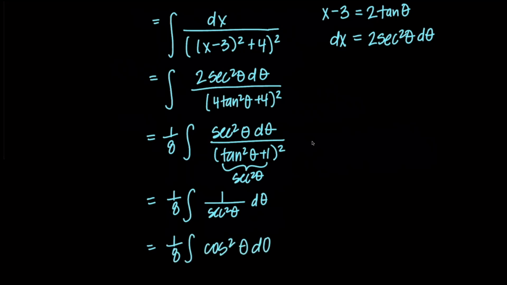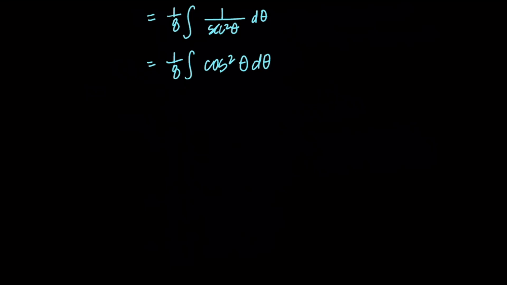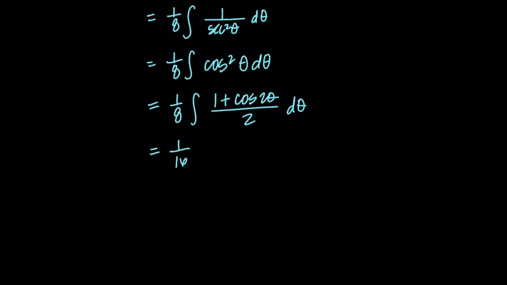All right, so from here, you got it, right? We're going to use a power reducing identity. We love trig, right? So we have 1/8 the integral of 1 plus cosine 2 theta all over 2 d theta. Pull out that 1/2, we get 1/16 the integral of 1 plus cosine 2 theta d theta.